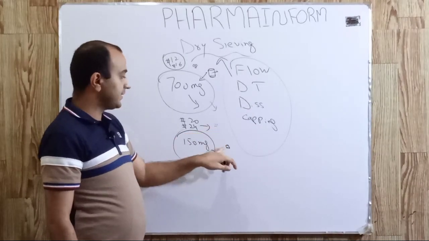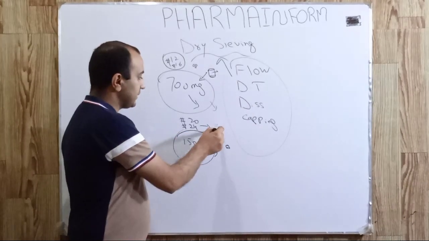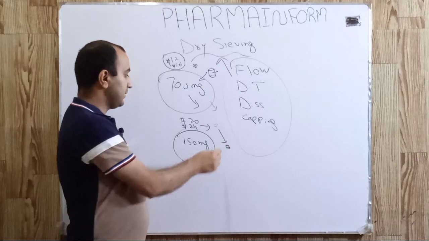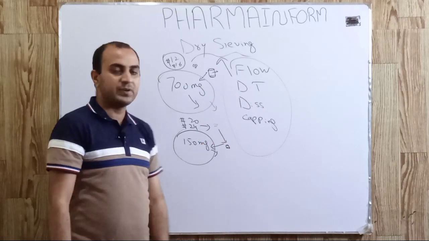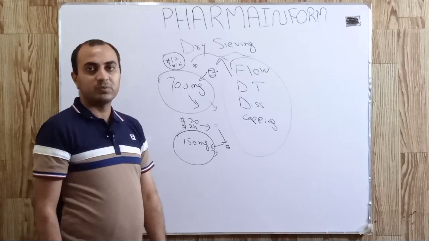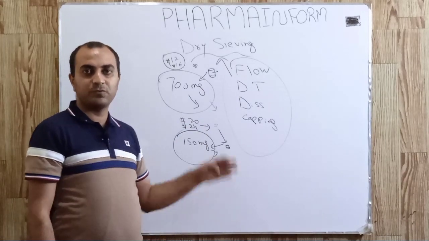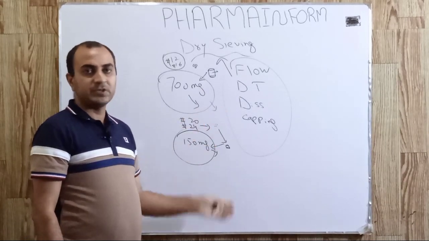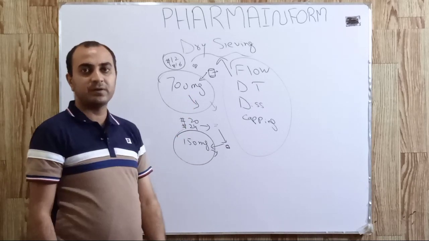When we use small size granules, these can easily fill our die to give 150 milligram of weight without any problem. So one basic criterion for selection of mesh number or sieve is the weight of tablet.